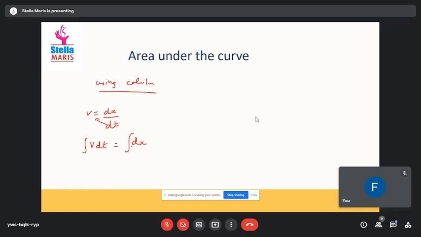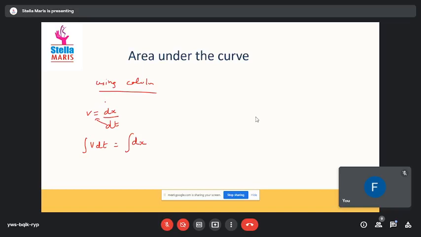You have come across integration. Students, are you familiar with integration? Everyone? No? Okay, are you familiar with integration or not?